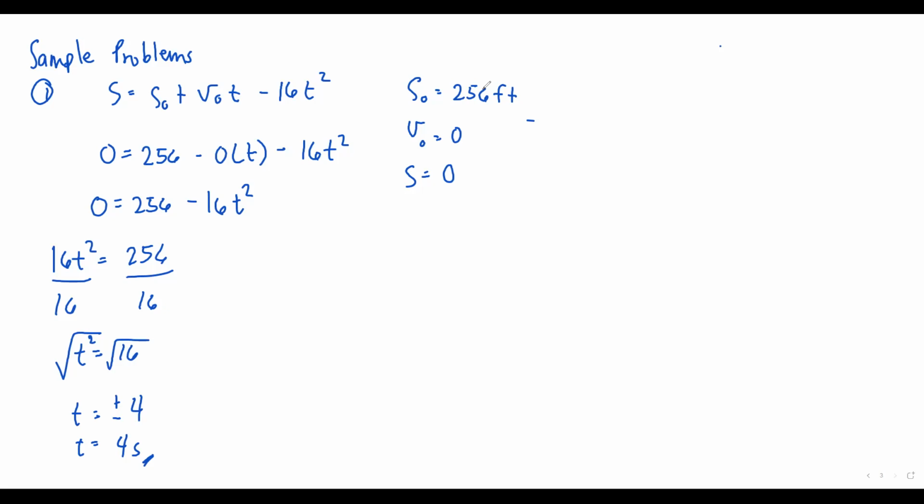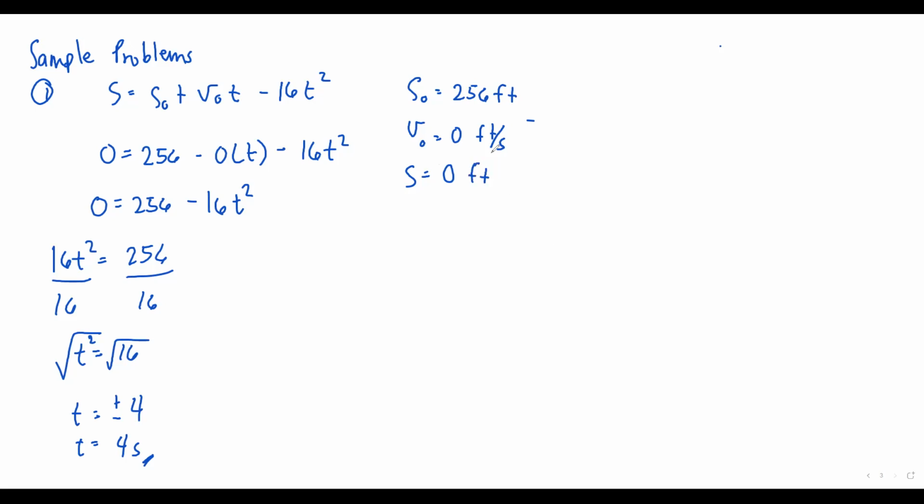Next, dahil na-drop natin siya at no force tayong in-exert, let's assume na yung initial velocity natin is also equal to 0 feet per second. Next, ang final distance natin is yung ground or yung bottom, so equals to 0 feet yon.